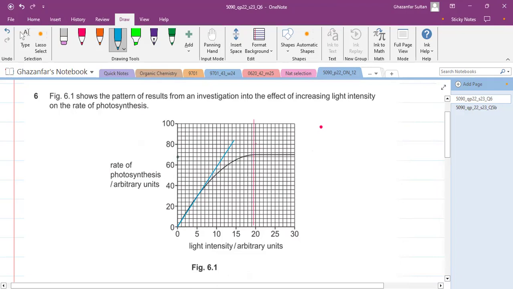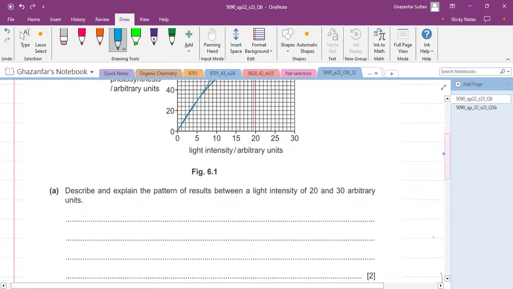So this is 64, this is 68, and this is 69, 70. So this is about 70. So the rate of photosynthesis is 70 arbitrary units, and at this stage the rate has become constant.